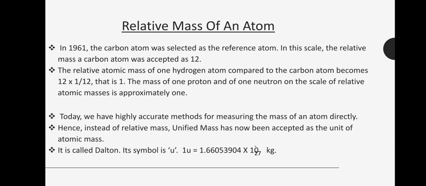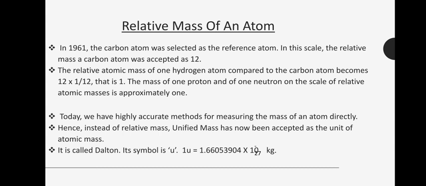So today we have highly accurate methods for measuring the mass of an atom directly. Hence, instead of relative mass, unified mass has now been accepted as the unit of atomic mass. Now you will learn in higher classes what unified mass is. Here what we do is we take different atoms of the same element, right, and then we measure the atomic mass.